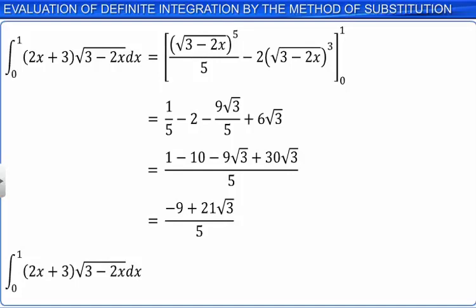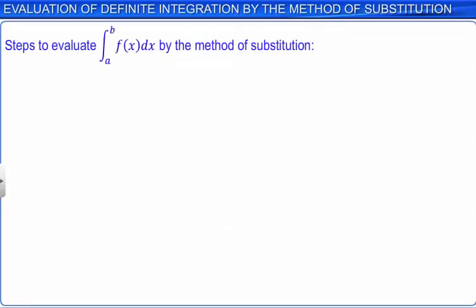Let's now take a quick look at all the steps that we followed while solving the definite integral by the method of substitution. Let's see another example based on the method of substitution by changing the limits of the integration with respect to the new variable.